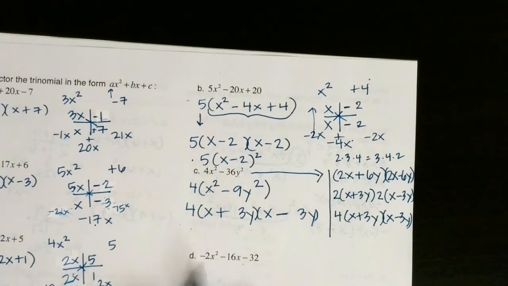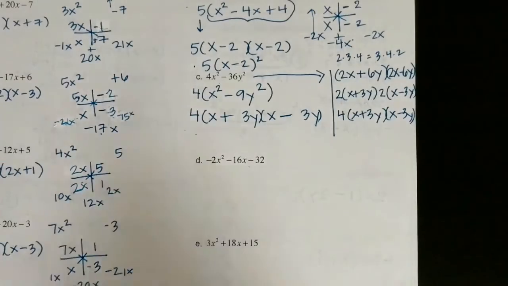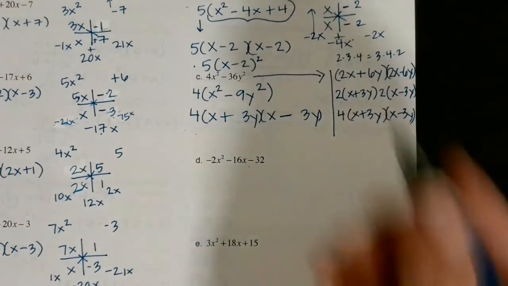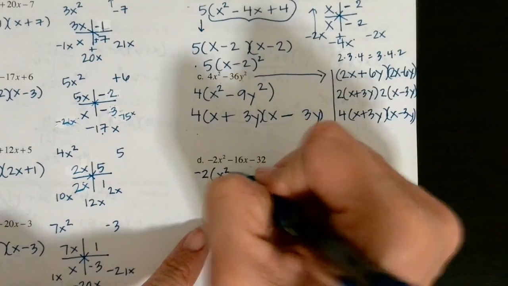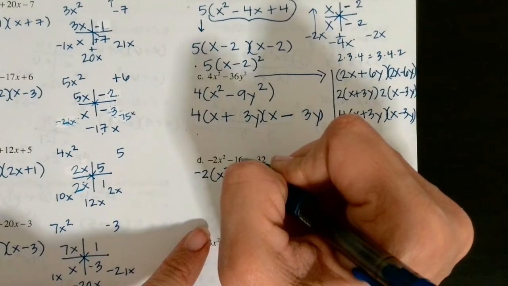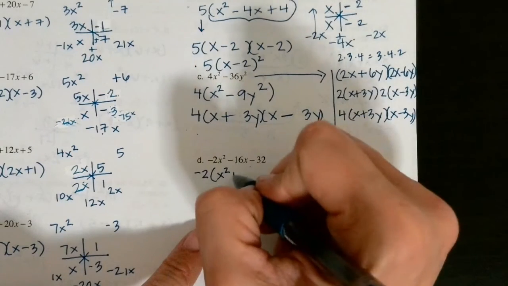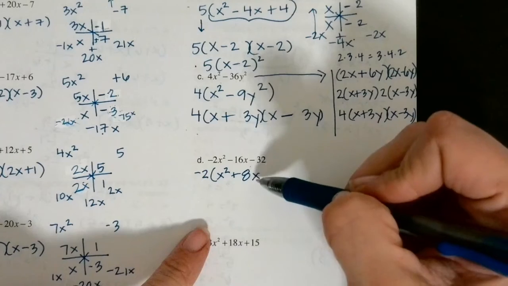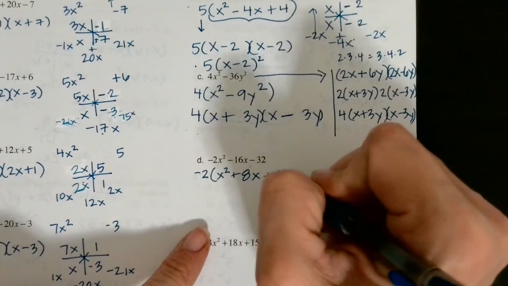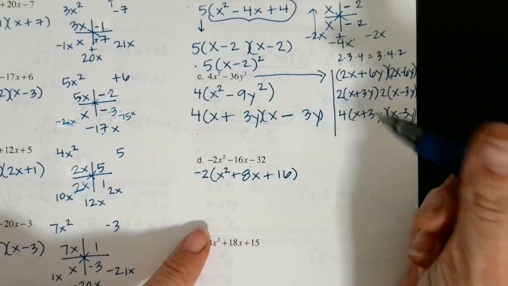Whenever you have a negative, if you can factor it out, you don't have to, but it makes your life easier. So I'm going to factor out a negative 2. When I do negative 16 divided by negative 2, it's going to give me a positive 8, and because it had an x, it's still going to have an x, and this is a positive 16.